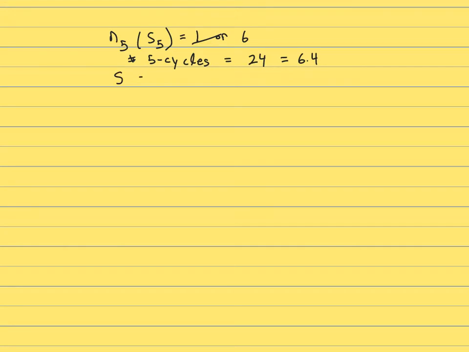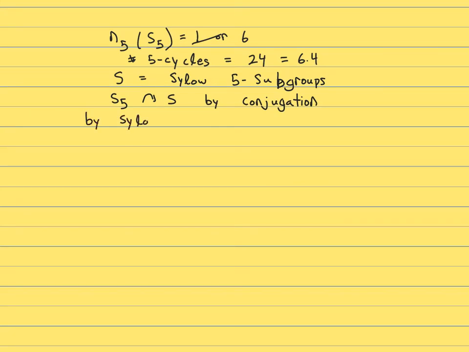We'll let S be the set of Sylow 5 subgroups. Note then that S5 acts on S by conjugation. And by the Sylow theorems, this action is transitive. What do I mean by that?